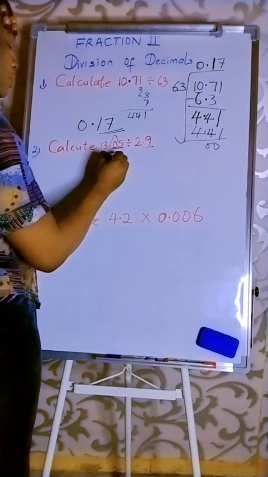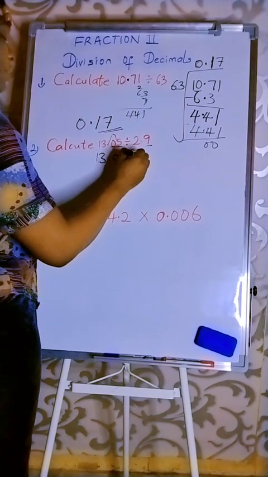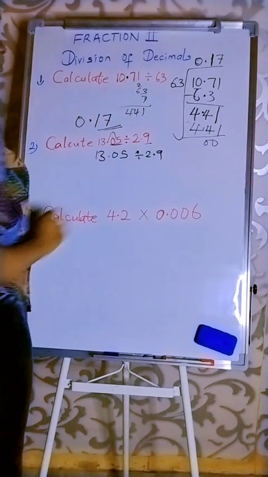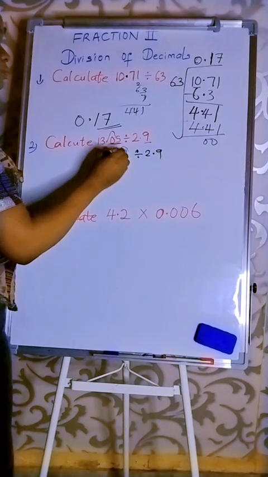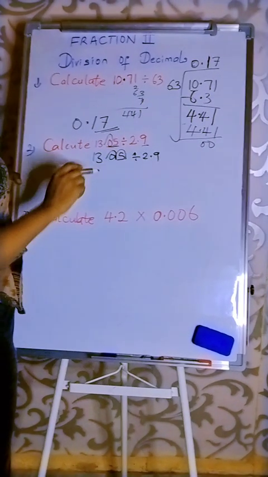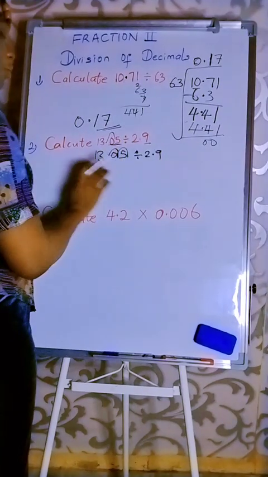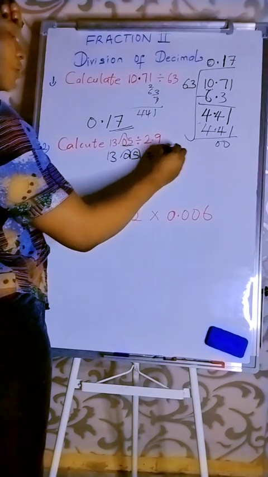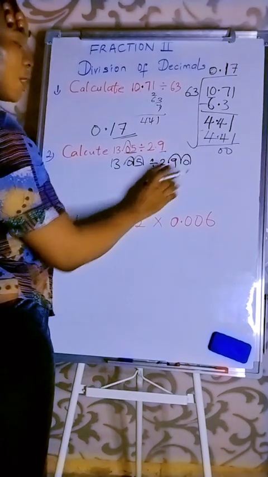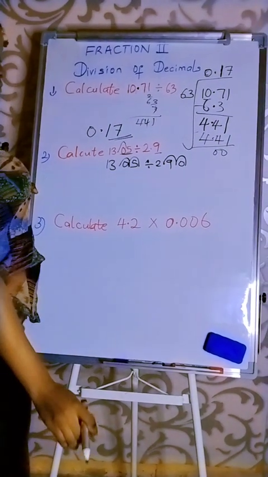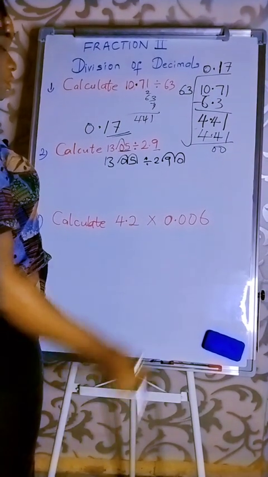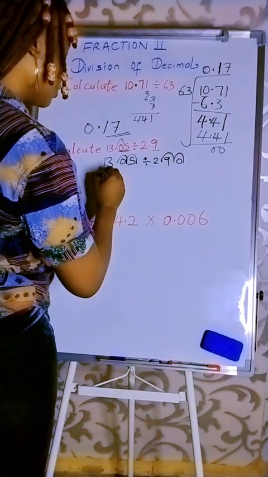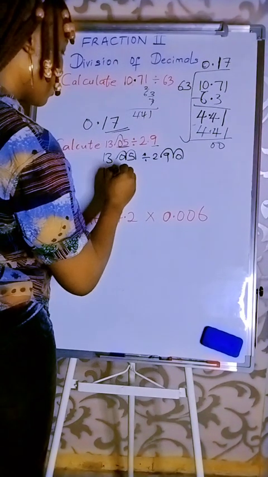Let's write it down first. Divide by 2.9. We count 1, 2, right? So what you counted here is what you replace here. 1, 2. What are you adding? 0, which makes it 13.05.